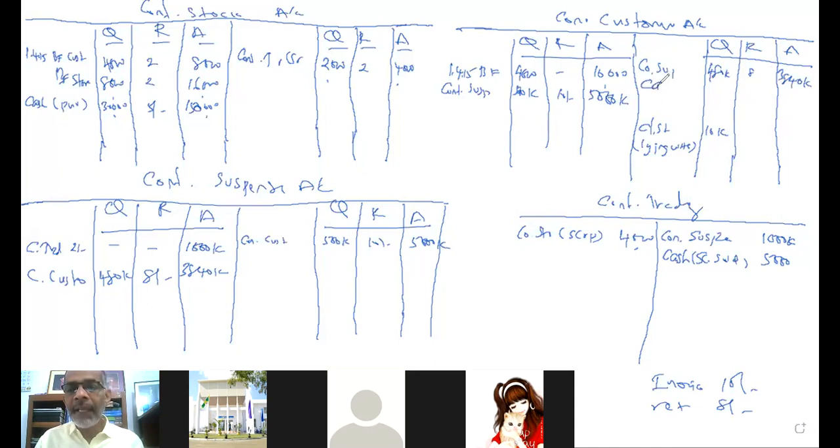Therefore, I am writing here cash account 110,000. Are you okay? No quantity, no rate. Are you okay? Okay, sir. Right. Those are the information they have given. Write up the transaction in the books of ABCD Limited. Are you okay? Right. Is it okay?